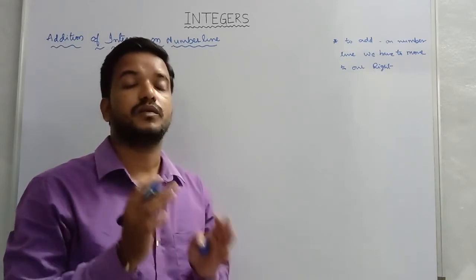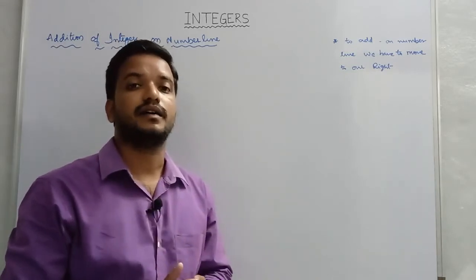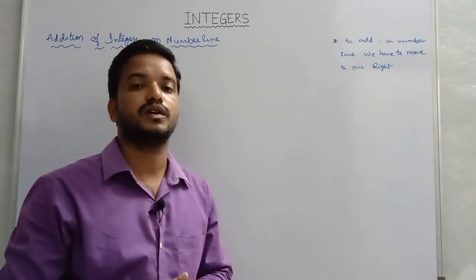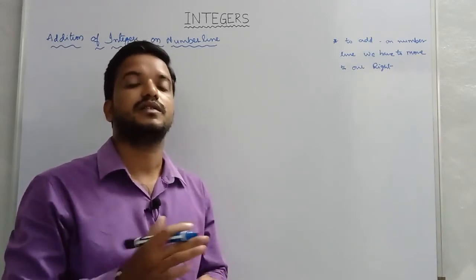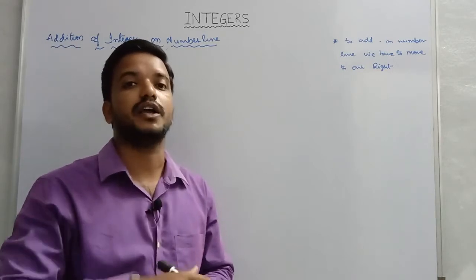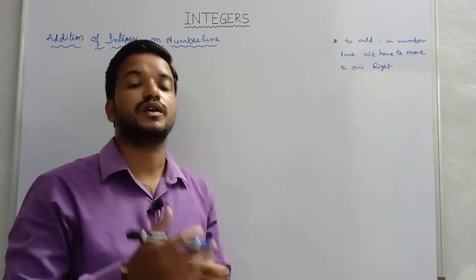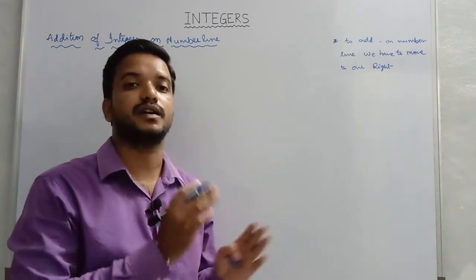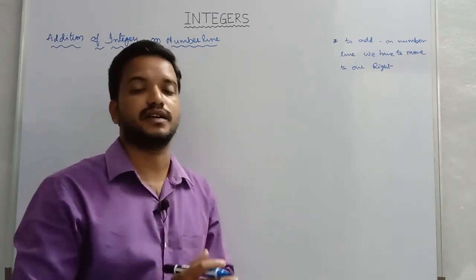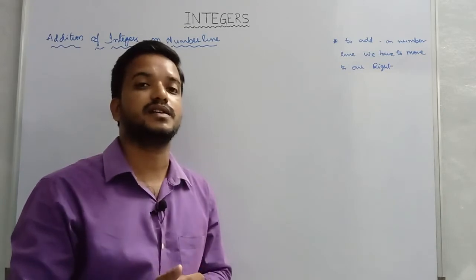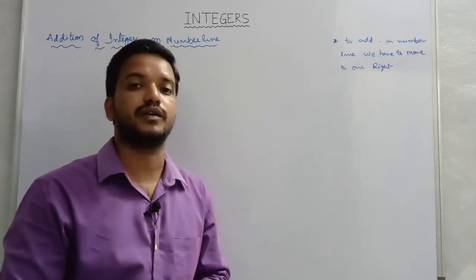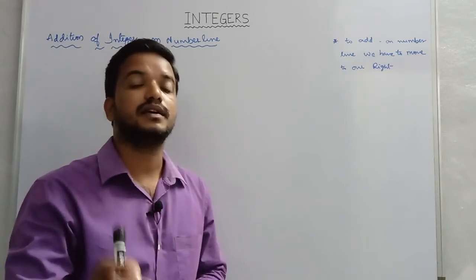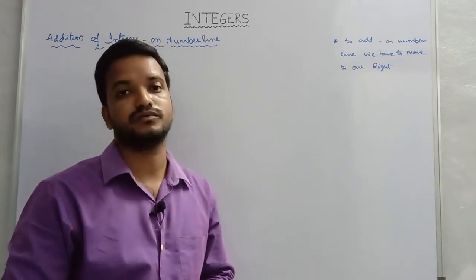Okay, so when you are going to add a negative integer to a positive or negative, then there will be a slight change in moving. So when we are adding a negative integer to another integer, in the sense either it is positive or negative, we have to change our direction because the second integer is negative.